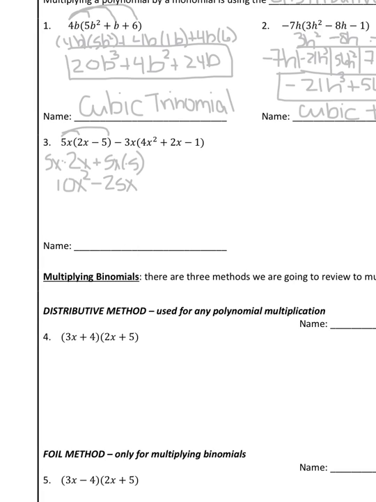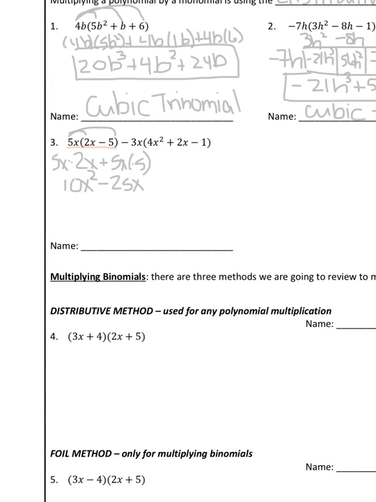So really, if we look at it this way, we have a first part here, and then we have a second part over here. So the second part on this side becomes negative 3x times 4x squared. So that's negative 3 times 4, which is negative 12. x times x squared is x to the power of 3.